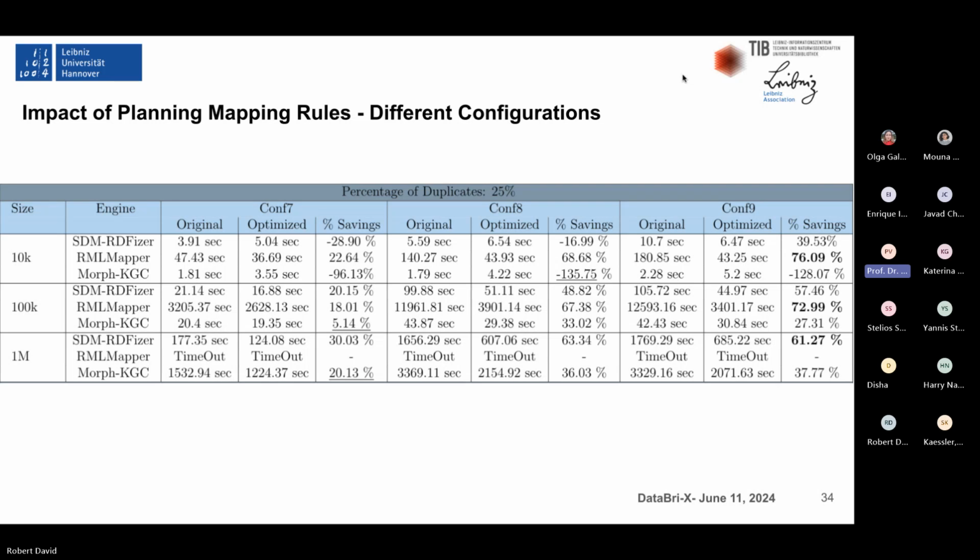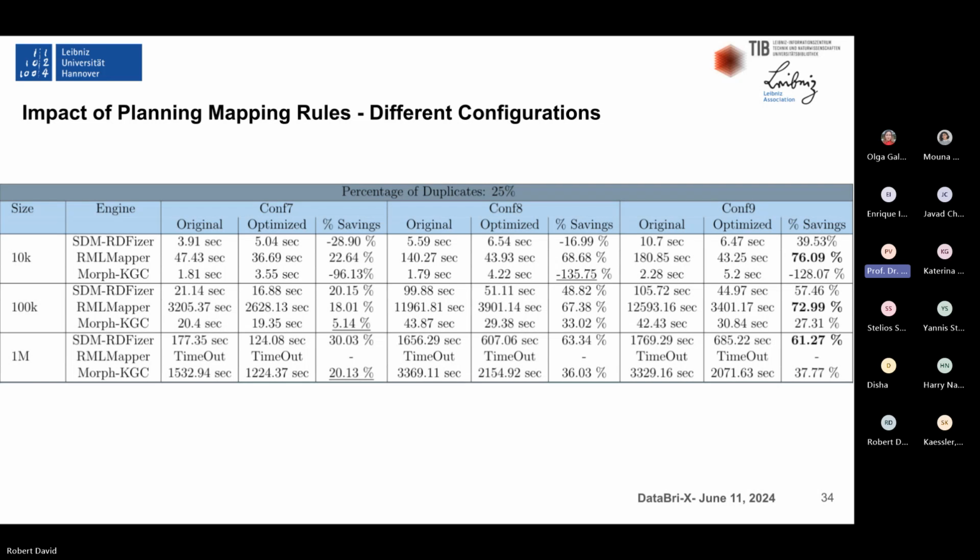And what we can observe is that, again, when the scenario is not complex, probably the savings with tools like the SDMR devicer and more KGC, which are more tuned for complex scenarios, are not so big.